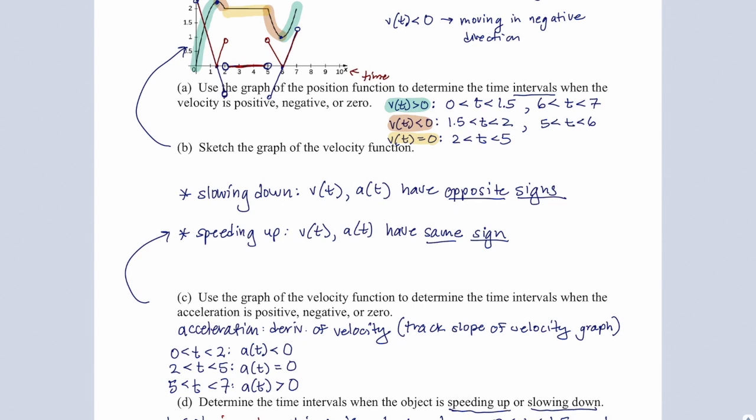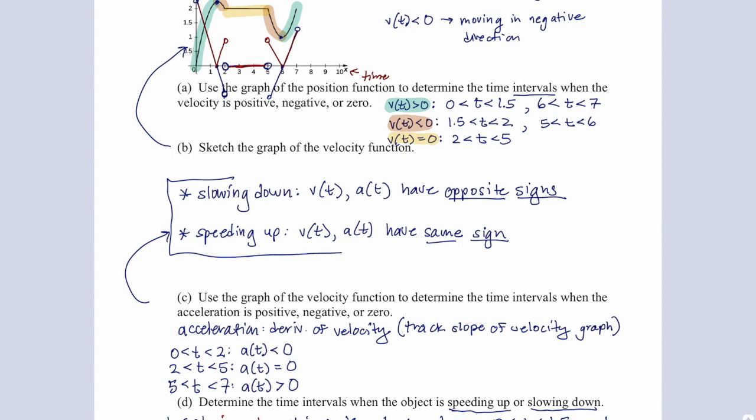And then if acceleration is also negative, that means it's moving at a more negative value, right? So it would be moving maybe from negative 5 feet per second to negative 7 feet per second, which would mean it's actually gaining speed even though a of t is negative. So it's a little bit strange, but this also works.